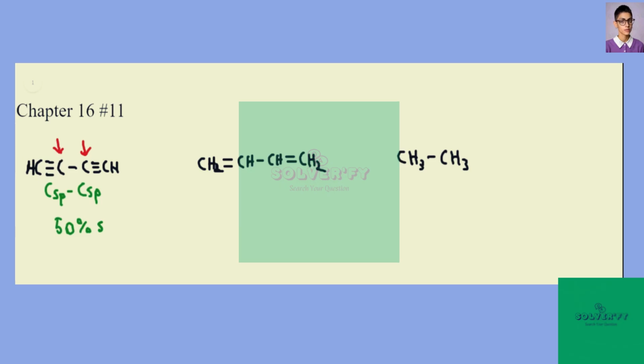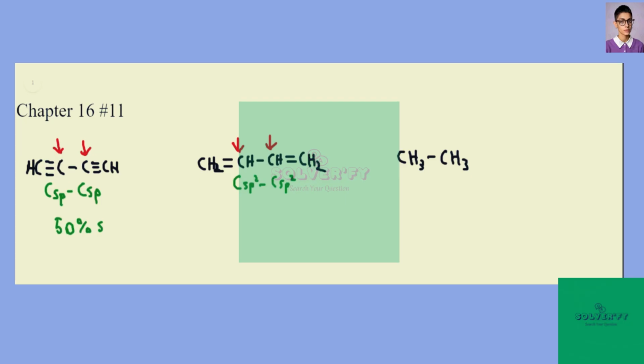But in order to rank them, we should probably decide what S character each of them will have and then rank them accordingly. So looking at the next molecule, we're considering these two carbons, and they are each sp2 hybridized. So we have a C sp2 bound to a C sp2.